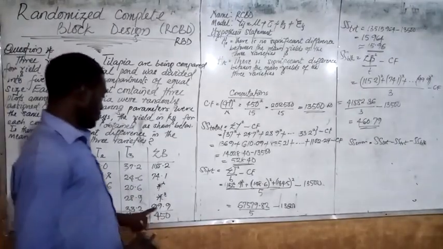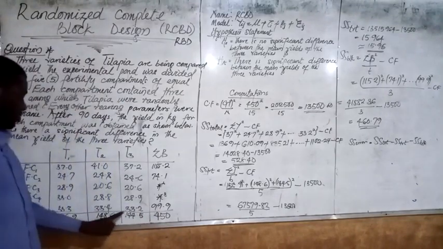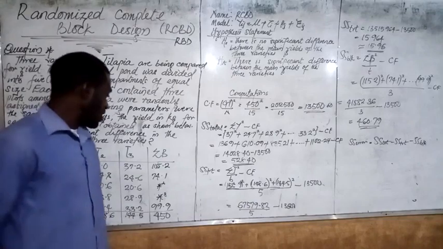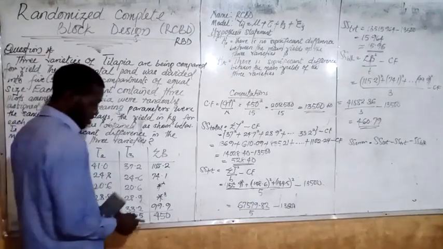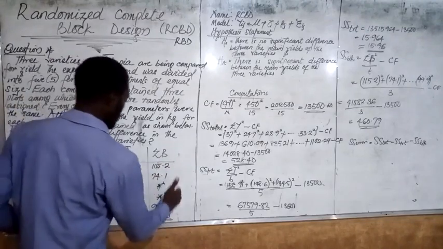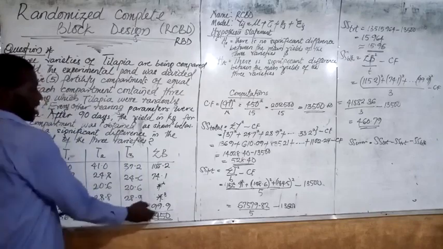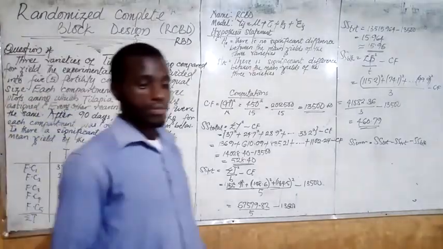Alright, then you add up all of this and you get this. 3.3 plus this, you get this. Alright, so then the grand total is now here. And how do you get that? You either sum everything in the block, you get this, or you sum everything in treatment and you get this.